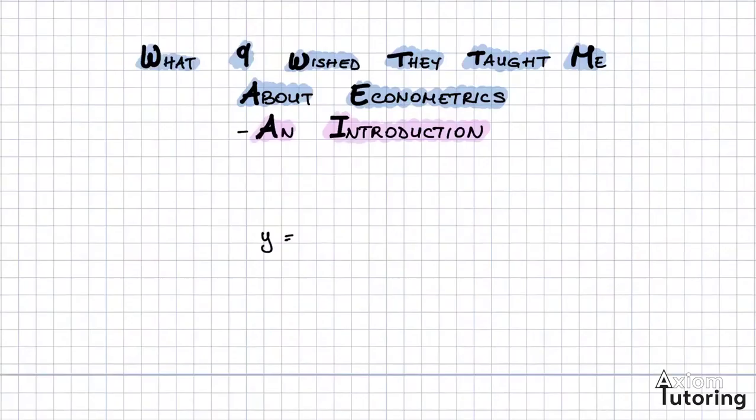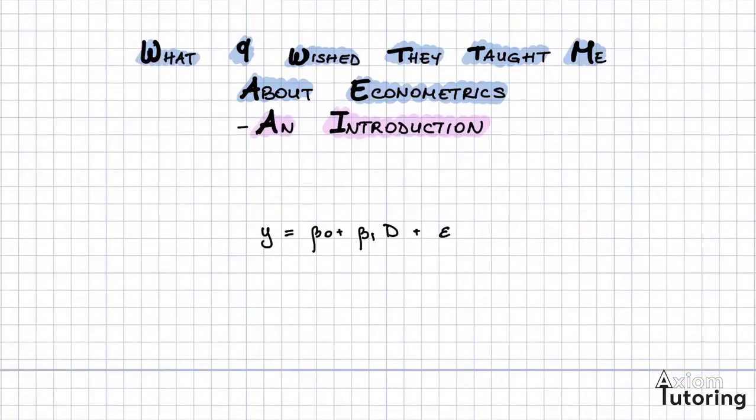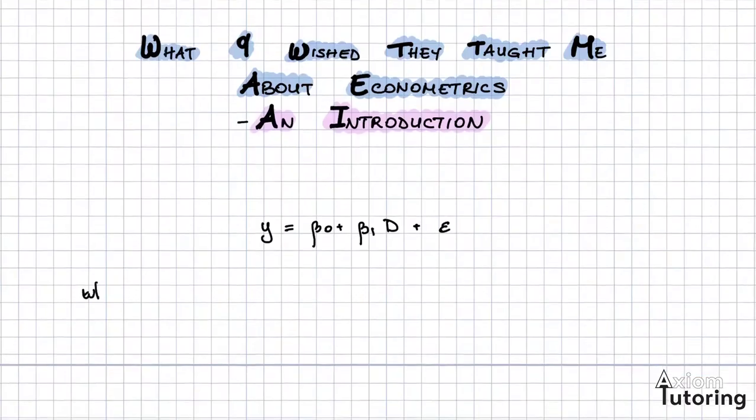Let's say that we have y equals beta 0 plus beta 1 d, some dummy, plus an error term. Keep in mind here that d takes these two values, either a 1 or a 0. Usually it's 1 if treated, and 0 if it's what we call the control group.